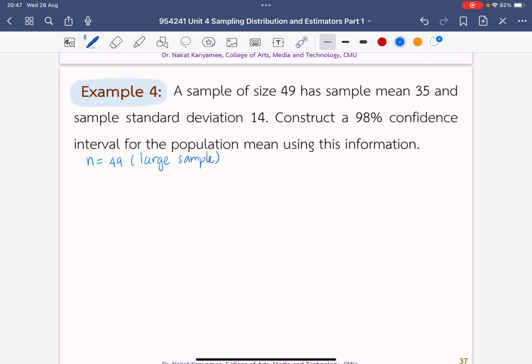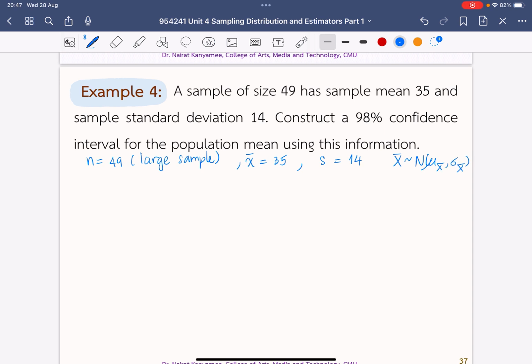We know x bar is 35, and the standard deviation of the sample is 14. Now we use the z-score, normal distribution. In this case, x bar follows a normal distribution with mu x bar and sigma x bar.